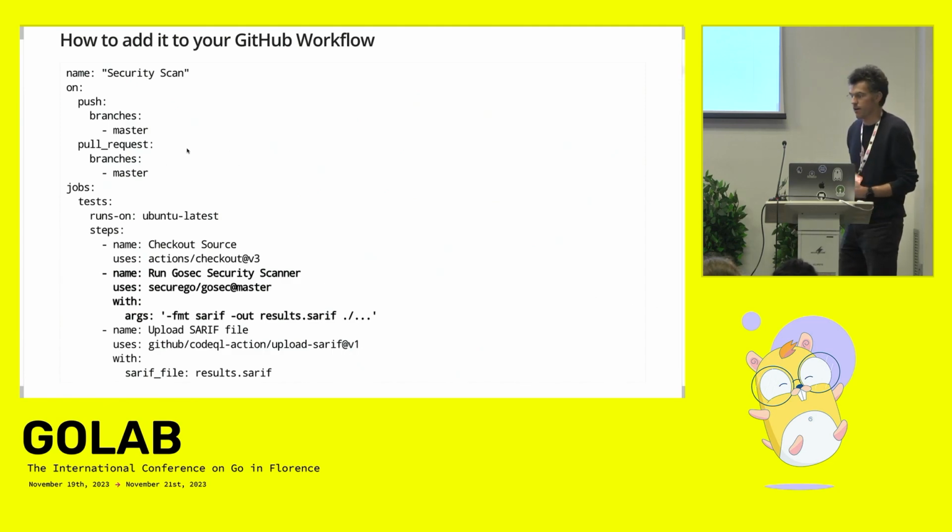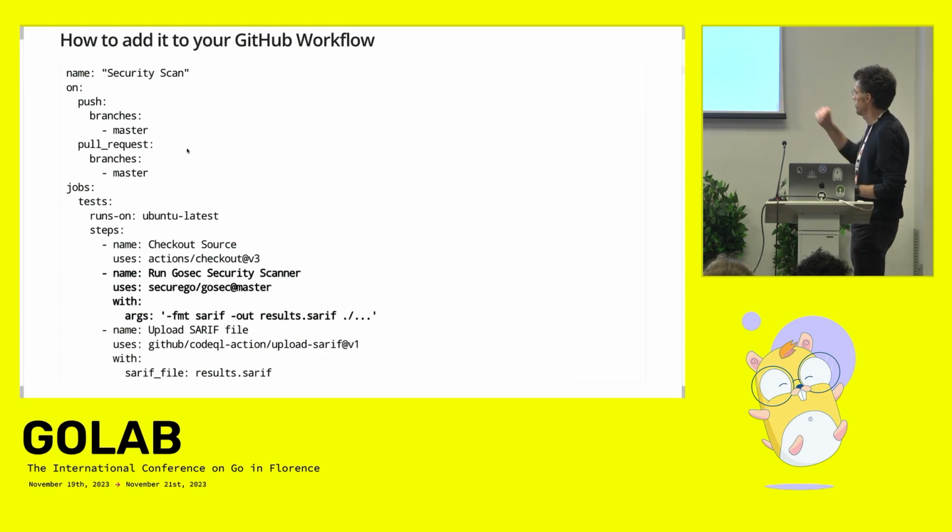So basically now, how can you integrate it? As I said, it's very easy. We have a GitHub action, we have an image. This is an example with a GitHub workflow. If you use GitHub, it's really easy. You just add it in your steps somewhere after you check out your code.